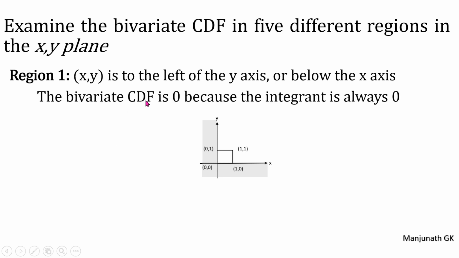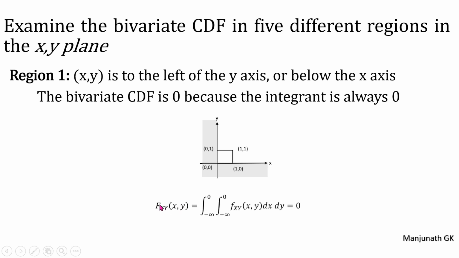The bivariate cumulative distribution function in this shaded area is 0, because in this shaded area the probability density function is 0. The reason is that it lies outside the unit square, and outside the unit square the value of the bivariate PDF is 0.